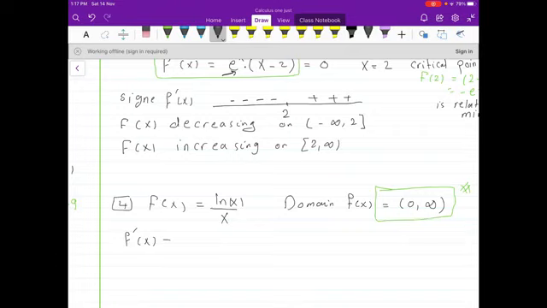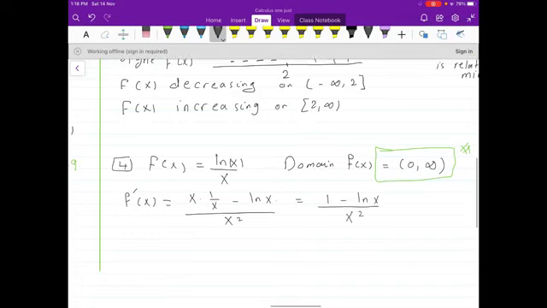Now, find f prime. Apply the rules of differentiation. The quotient rule: denominator times the derivative of the numerator, 1 over x, minus the derivative of the denominator times ln x, over x square. This is equivalent to 1 minus ln x over x square.